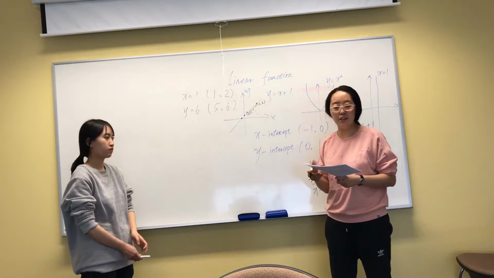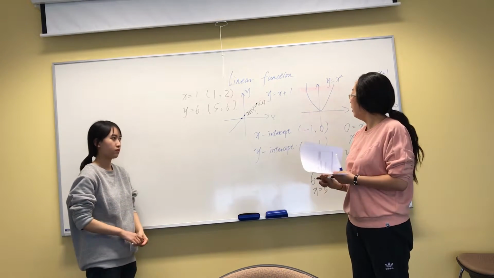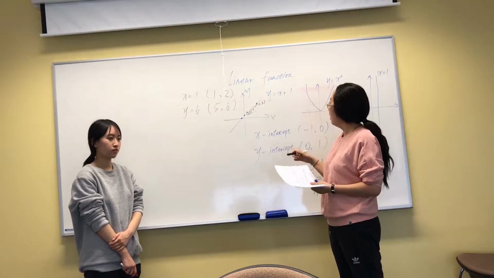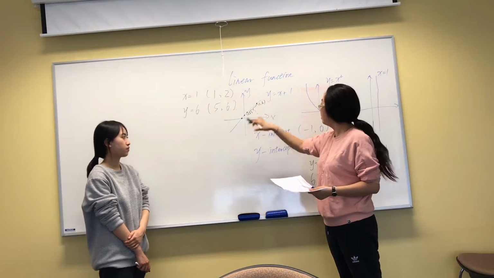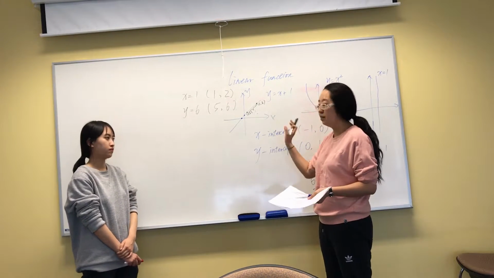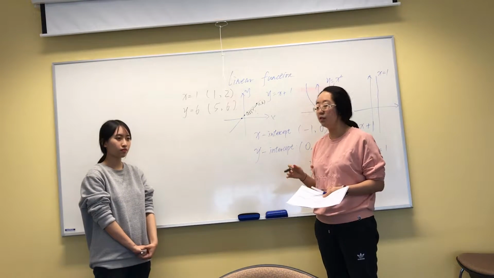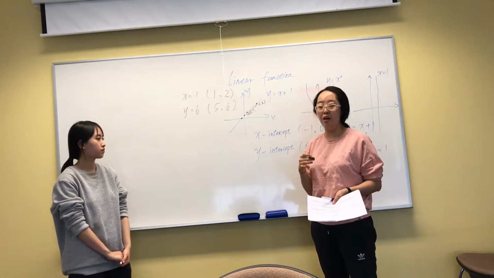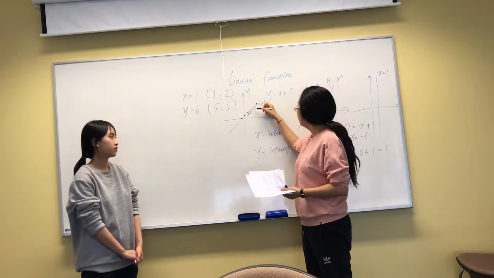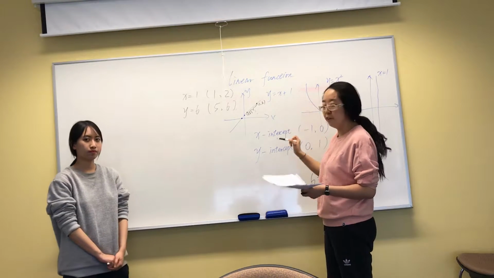Any idea? Yes, please. Okay, it's very great, but sometimes the graph cannot be scaled, so we cannot just measure it using a ruler. There is a much faster and more accurate way to do it.